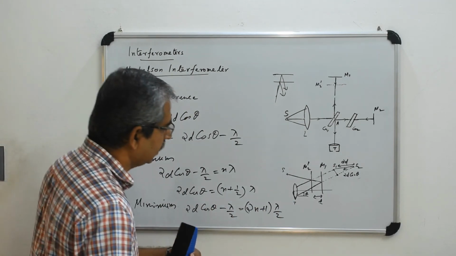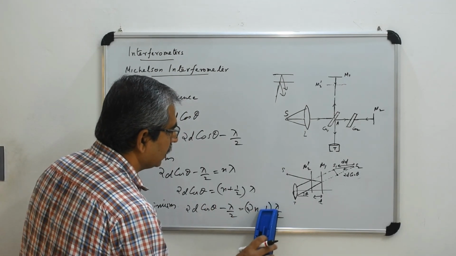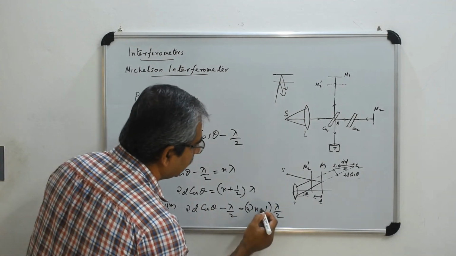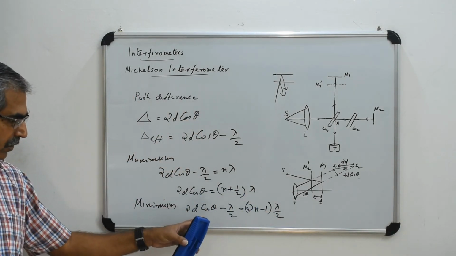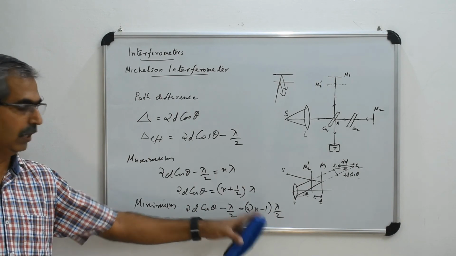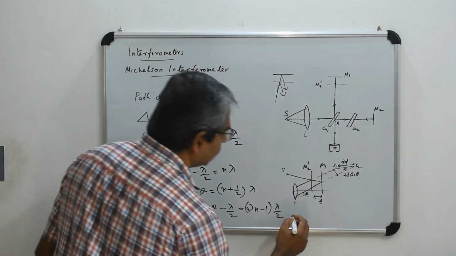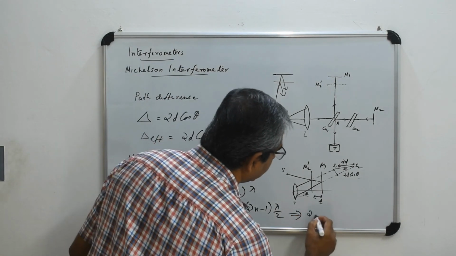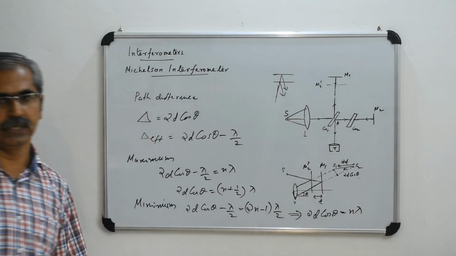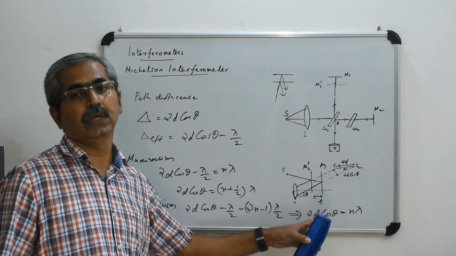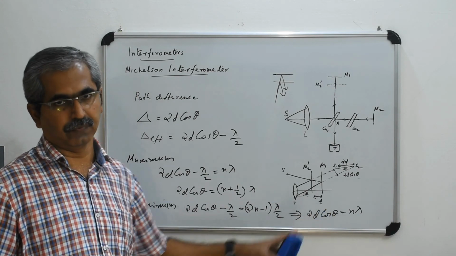Or you can as well write this as (2n minus 1); both have the same meaning. On rearranging, you get 2d cos theta equal to n lambda. This is the condition for minimum, or destructive interference.